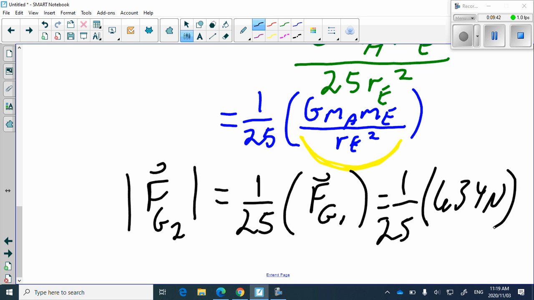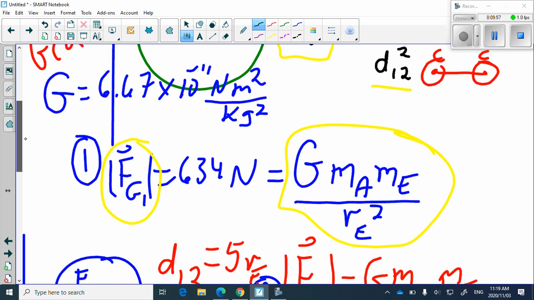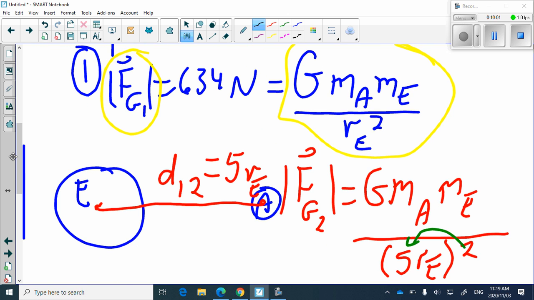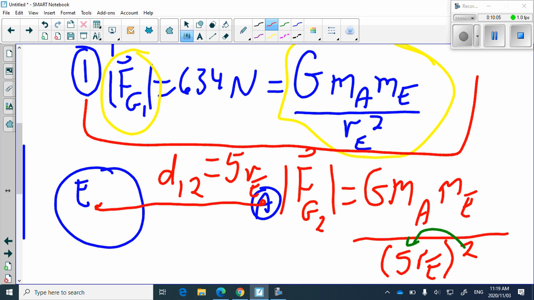Now, let me tell you something about this, because this is a big step for some of you. This is called solving by mathematical reasoning. Okay, so what did we do here? We came up with an equation. Here it is. Here's the equation for situation number 1.